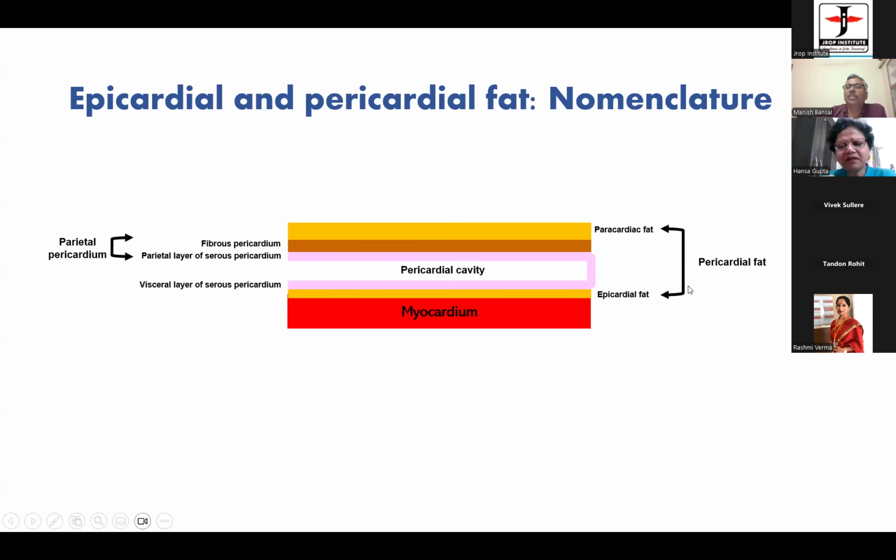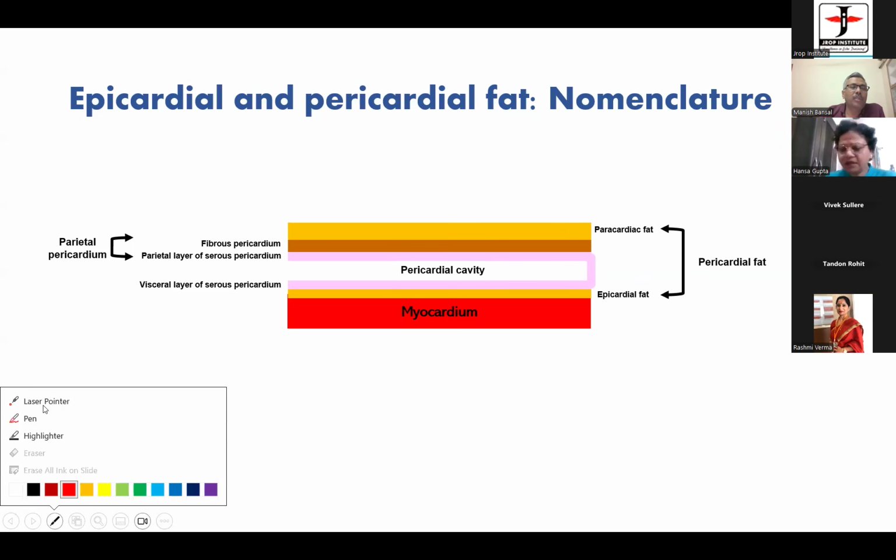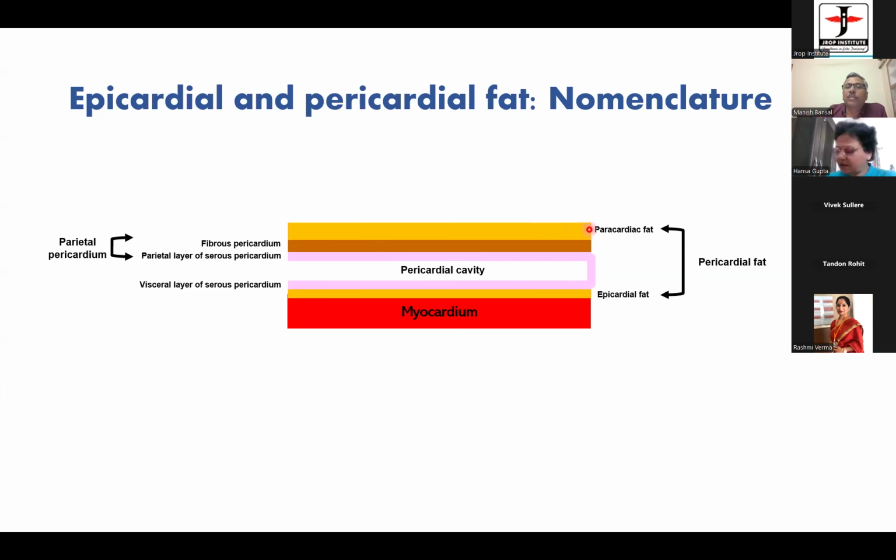Because in some articles, pericardial fat is dealt with differently, which is outside the fibrous pericardium. Yeah, so in some articles, this pericardiac fat is labeled as pericardial fat. And this is known as epicardial fat.